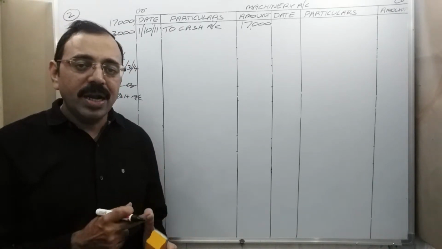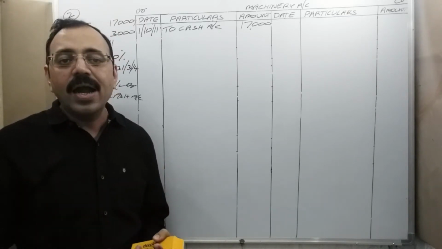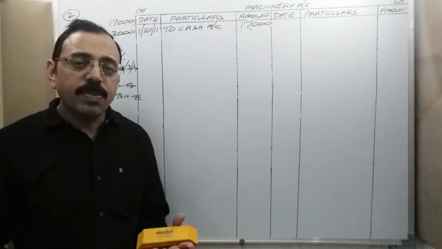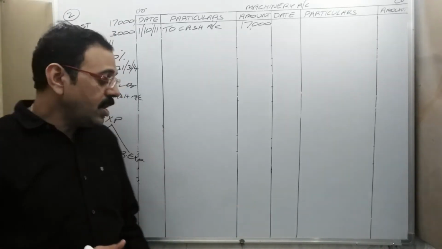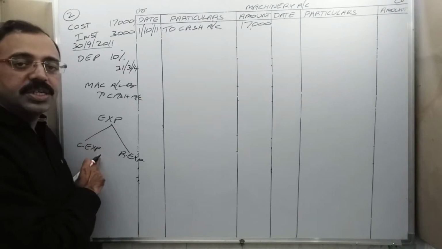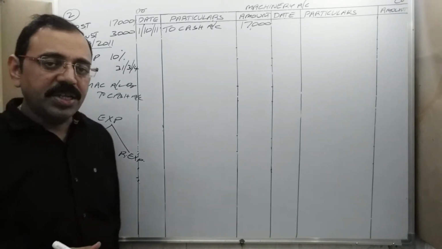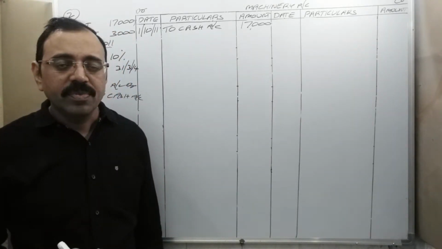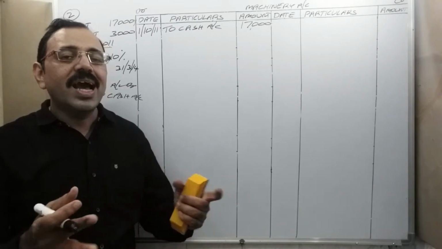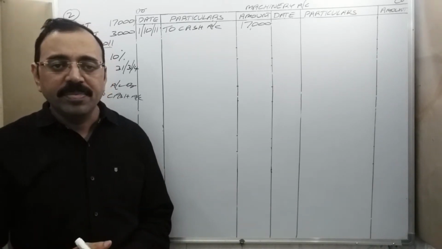So purchasing building, purchasing machinery, furniture, land, vehicle, all these expenses are non-recurring in nature. So they come under capital expenditure. Then revenue expenditure means recurring expenditure. Again and again we spend that amount. For example, payment of salaries, rent, every month we pay.